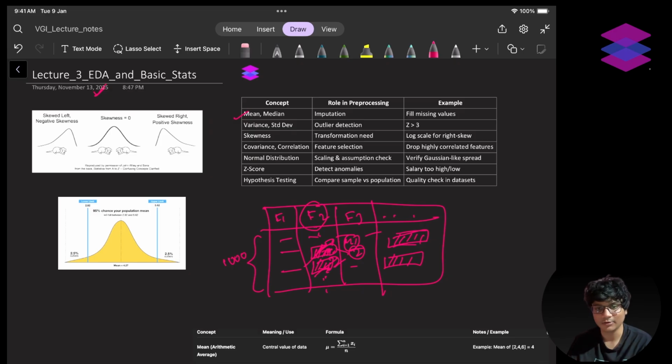So you basically try to fulfill this gap, okay. So in this way you are actually imputing your data, right? This is the first way, that imputation. So you are handling imputation by finding the mean and replacing the null value with the mean, right?